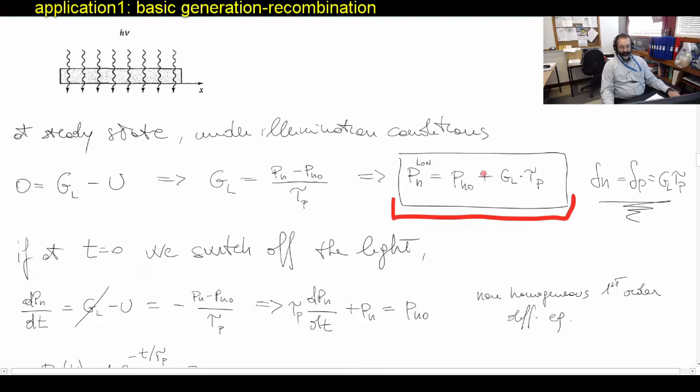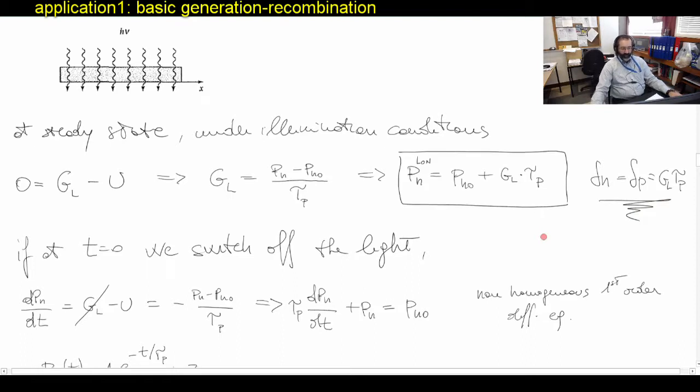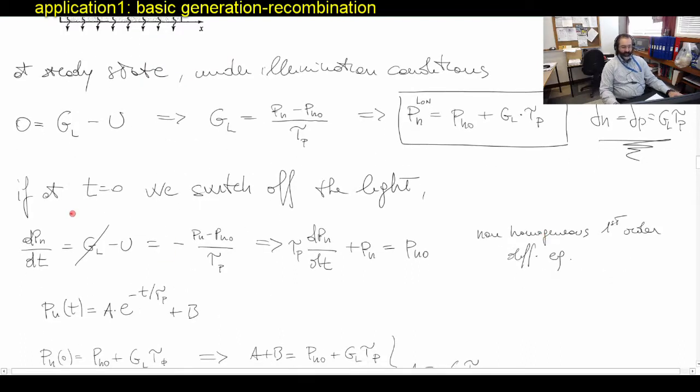Pn0 is the value of Pn at thermodynamic equilibrium, and so we can see that this is the added amount of minority carriers that have been generated by light. So delta N or delta P is GL tau P. So that's quite interesting here, how, first of all, GL effectively directly relates to the number of electron and hole pairs being generated.